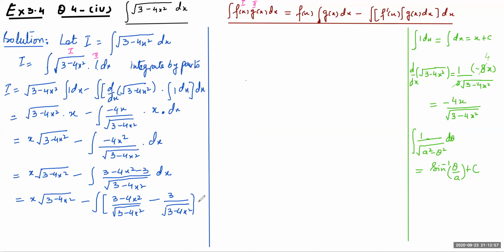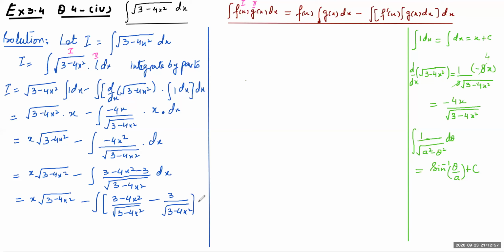Just apply this result here and you will get I is equal to x into square root of 3 minus 4x square minus integral, bracket starts, square root of 3 minus 4x square minus 3 divided by square root of 3 minus 4x square, bracket close, and I have a dx here.